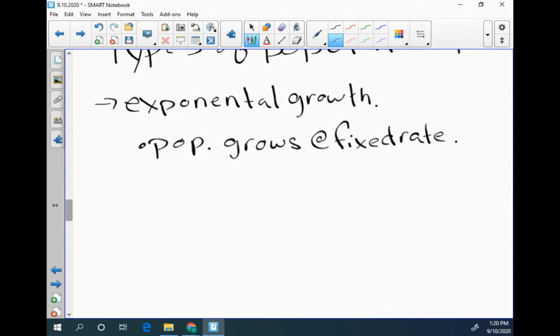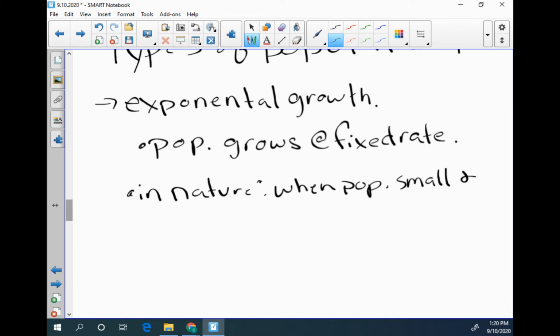Usually when it does, it is when a population is really small and conditions are ideal. It can't grow forever, essentially. Something's going to stop it. We're going to talk about what's going to stop it.